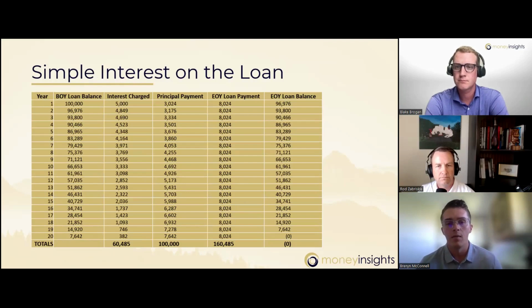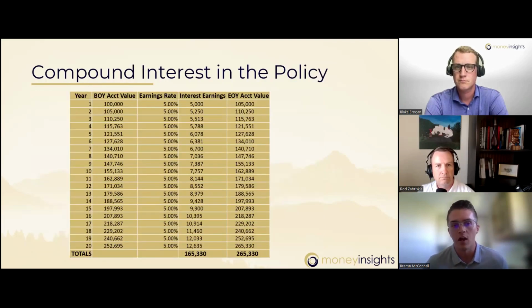So again, I'm going to show equal payments going in over 20 years. We're showing this $100,000 loan. We're paying back $8,000 a year, interest charged over that 20 years. So we're going to pay $60,000 in interest on this simple interest loan. On the other end, we have our $100,000 that's still sitting in our account, acting as that collateral, but it's earning compounding interest.